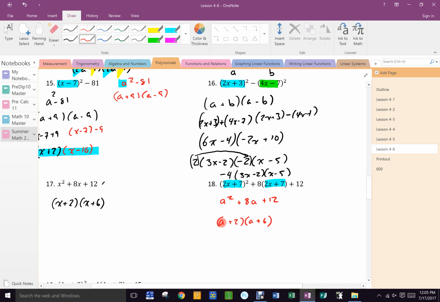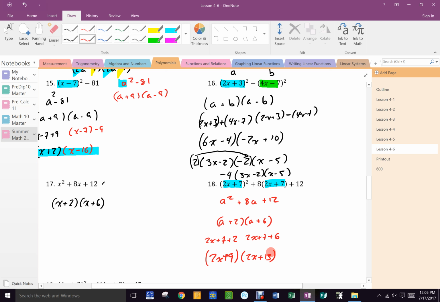So what goes here instead of a? 2x plus 7 plus 2, which is 2x plus 9. And this one would be 2x plus 7 plus 6. What's 7 plus 6? Plus 13. And then I'm done.